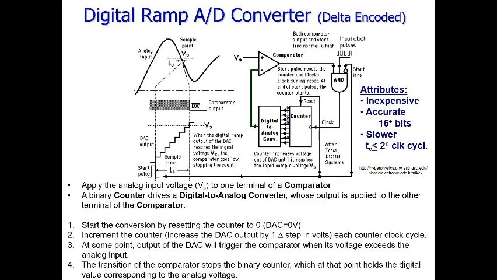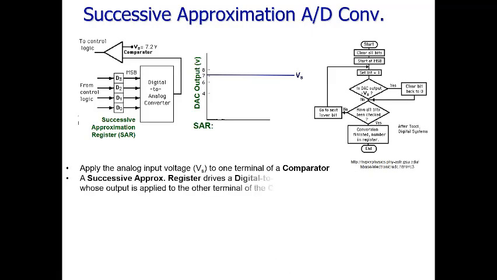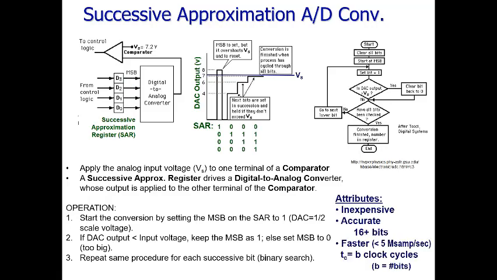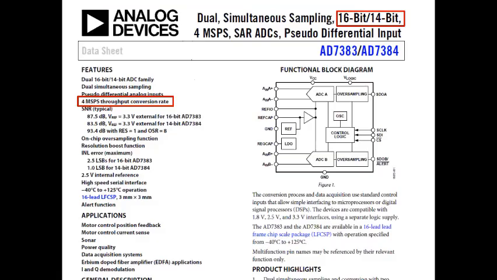We have successive approximation converters, which are probably the most popular intermediate speed A to D converters. And in fact, here's an example of one, to give you an idea how good these are. You can get a 16-bit A to D converter that runs at 4 mega samples per second. That's 4 million samples a second, 4 megahertz at 16-bit resolution. That's pretty amazing.